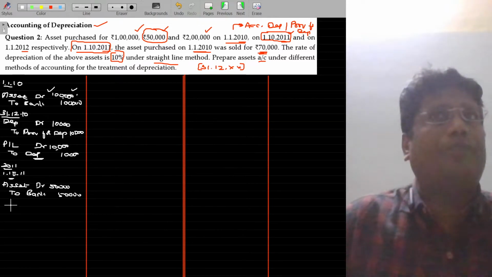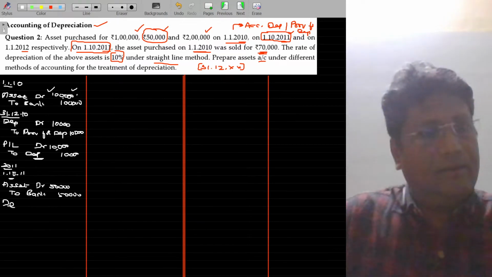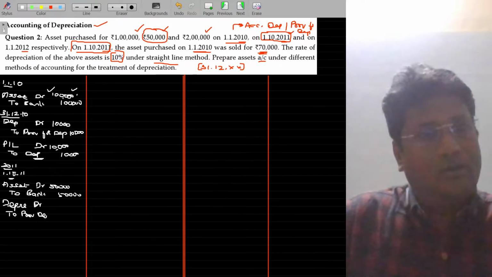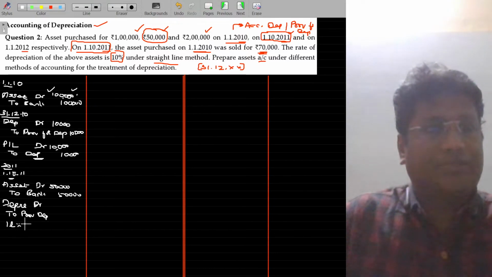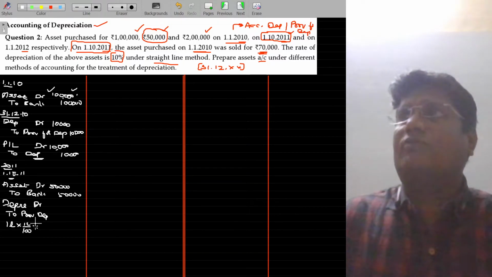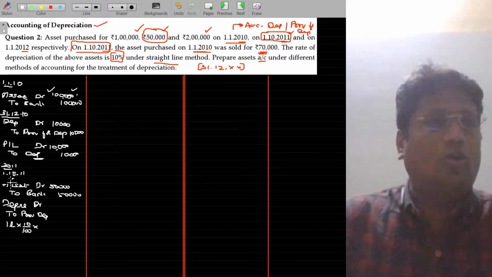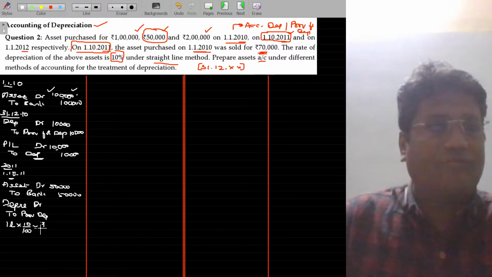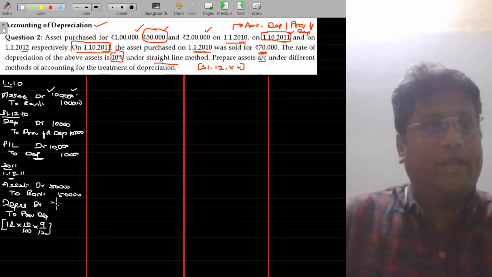So first we need to pass the entry: depreciation account debit to provision for depreciation. 1 lakh is the value of the asset, the rate of depreciation being 10% under the SLM method, and the period for which the depreciation will be adjusted in the current year is only 9 months, from 1st January to 1st October. So you have to create the depreciation for 9 months, so 9 by 12. Now the value being 7,500. Am I right? Yes or no?